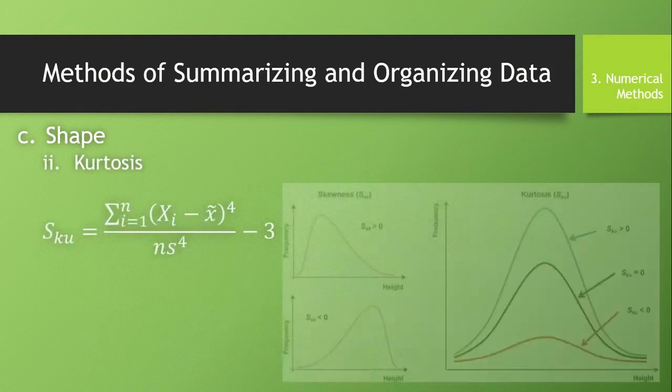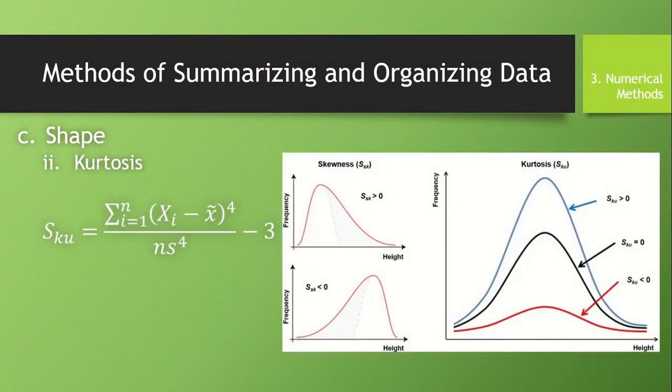Next is kurtosis. And we have this, so this is for ungrouped data. The kurtosis refers to the height, while skewness refers to the shape. So if the height of your data or curve is low or short, then that means the kurtosis is less than 0.